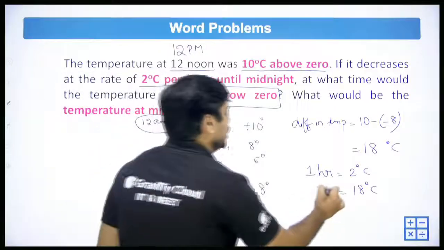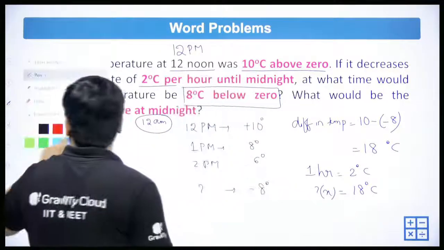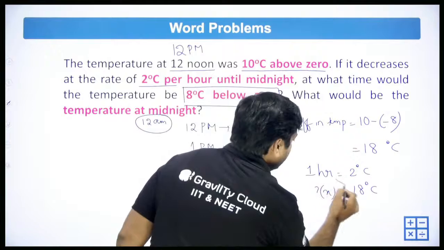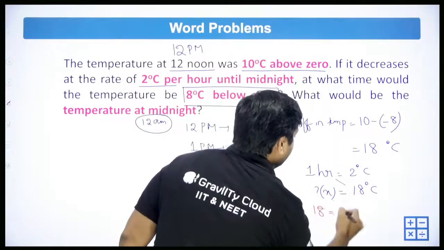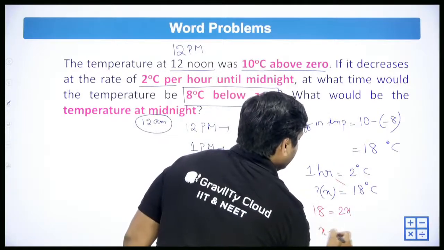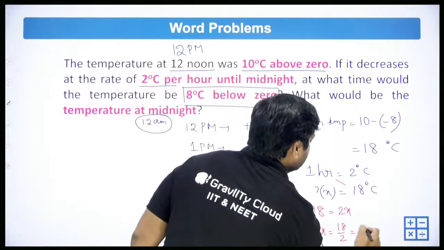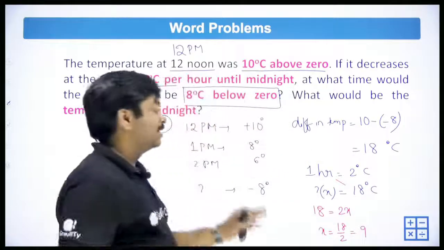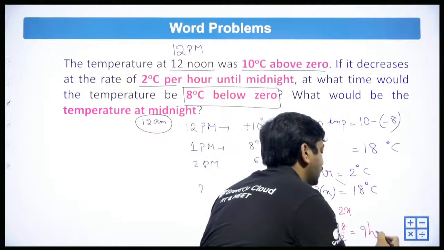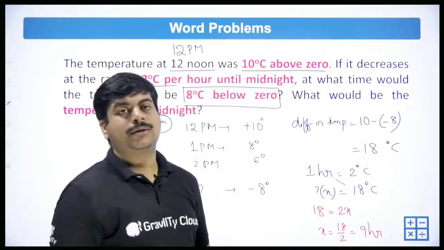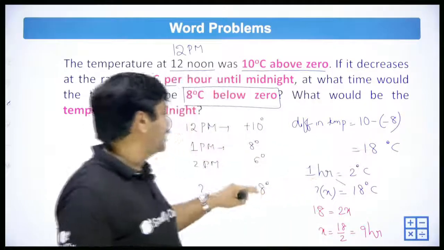If you're confused, just take it as x and cross multiply. So 1 into 18 is equal to 2 into x. From here we get x equal to 18 by 2, which is 9 hours. It takes 9 hours to reach the point minus 8.